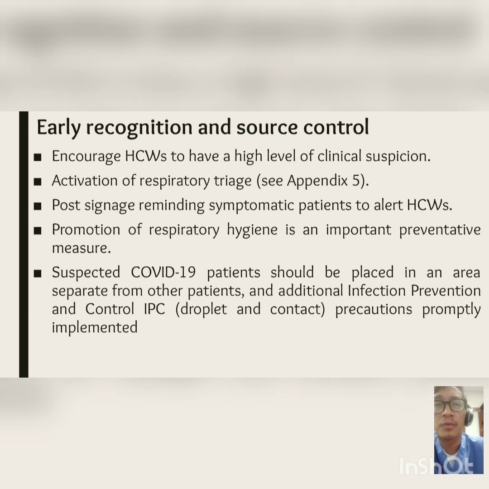To be able to recognize, especially at the point of entry, and to provide source control of any transmission in our healthcare institution, we need to educate and encourage the healthcare workers to have a high level of clinical suspicion. How? Of course, they should be knowledgeable about the suspected case definition of COVID-19.